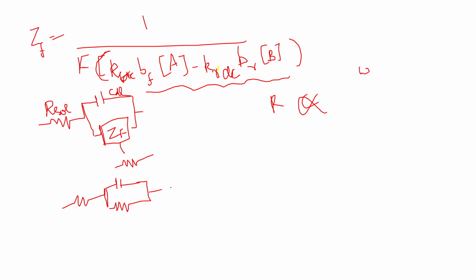Now if the question is to find out the total Z, what will it be? It will first be the parallel connection of these two. So that will be nothing but 1 by, what is the impedance of a capacitor?